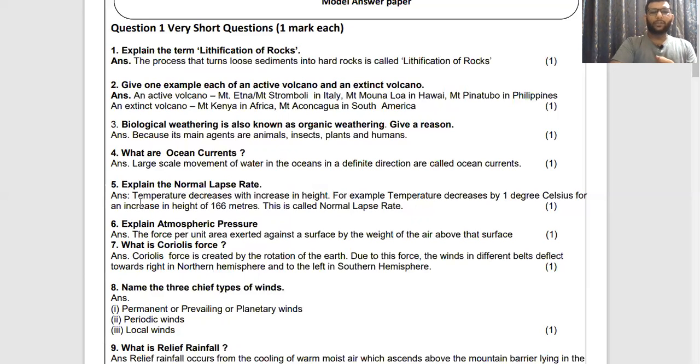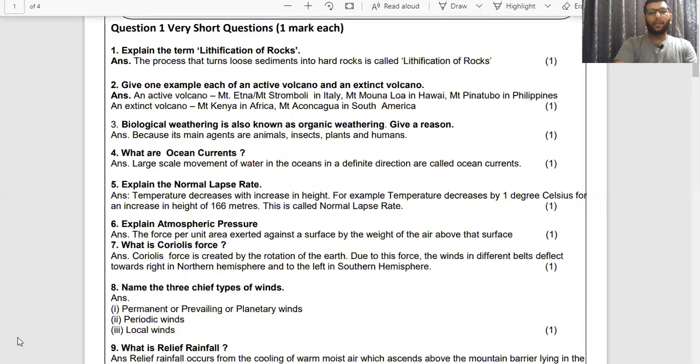The next one, what is Coriolis force? The Coriolis force is created by the rotation of the earth. Due to this force, the winds in the different belts are deflected. In the northern hemisphere, they move towards the right. In the southern hemisphere, they move towards the left. I would suggest you always underline them.